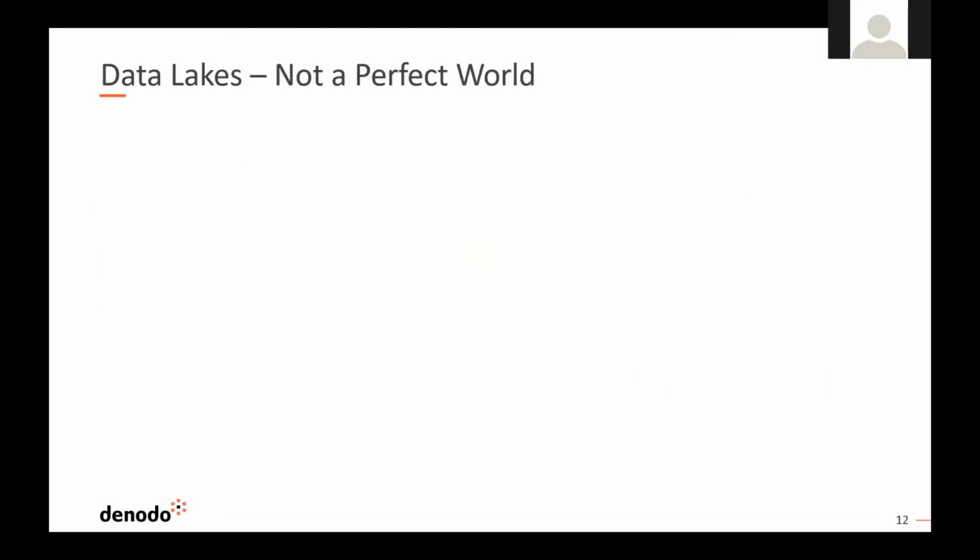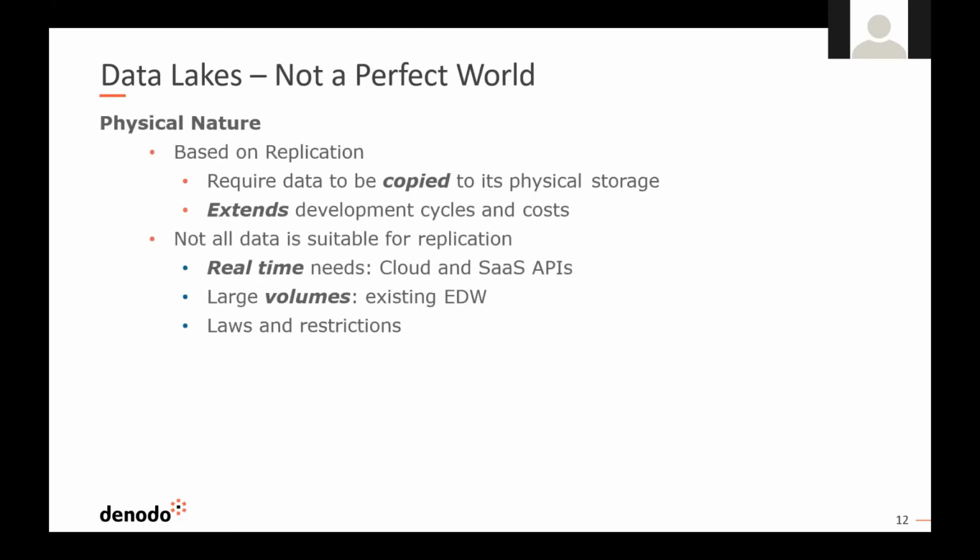And so we see there's some challenges with data lakes themselves in that because they are physical, they have to have copies of the data in its physical storage in order to be effective. And it's not appropriate for all data sets. I mean, how do we cope with real-time data sets? How do we cope with data sets that aren't allowed to be copied from their place of origin?